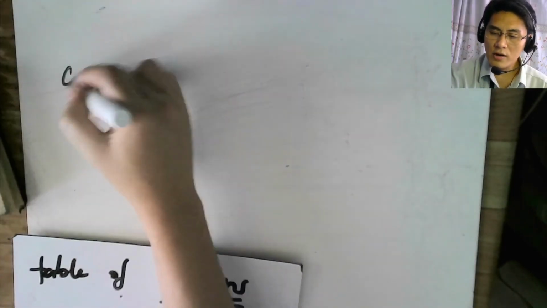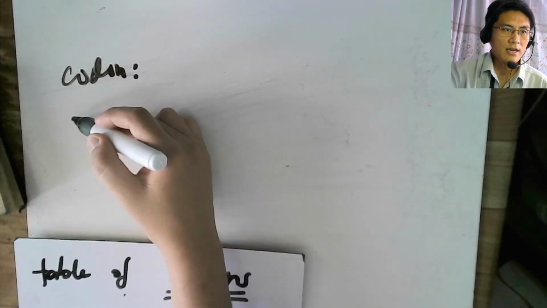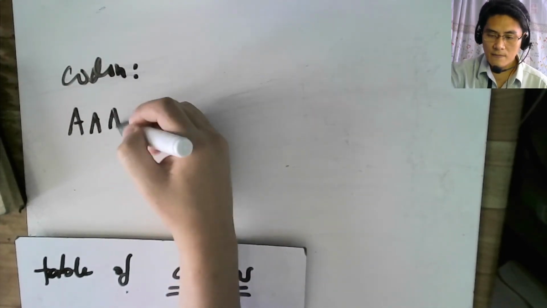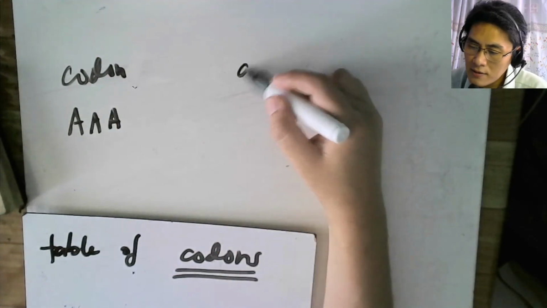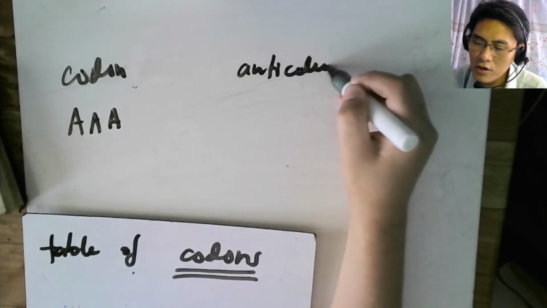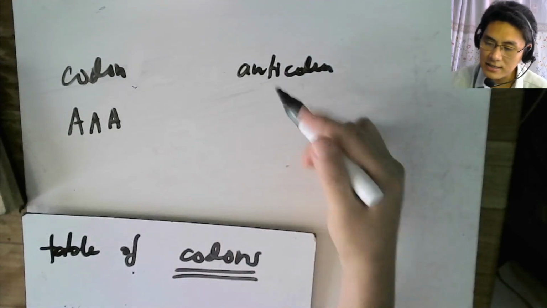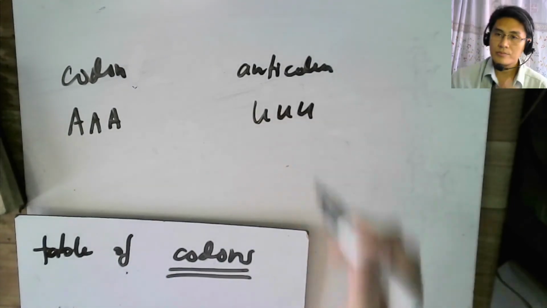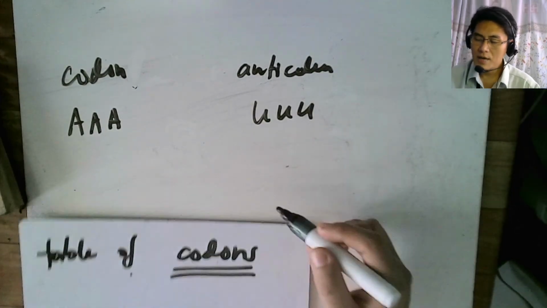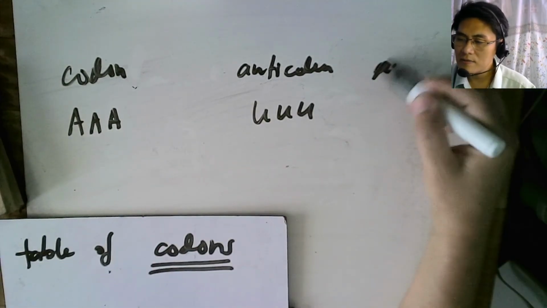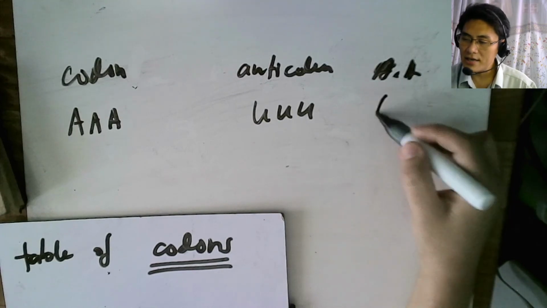The codon for lysine is AAA, right? But again, because it's a base pair, the anticodon of the tRNA that brings in lysine is UUU. And the amino acid that it brings is lysine.